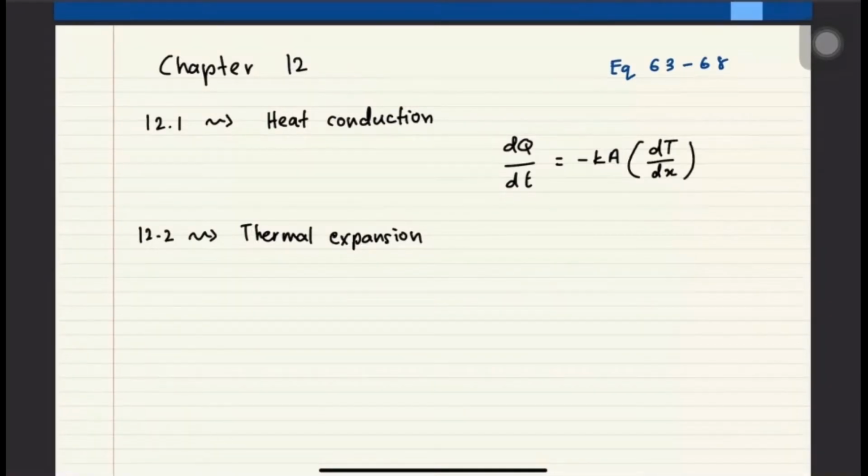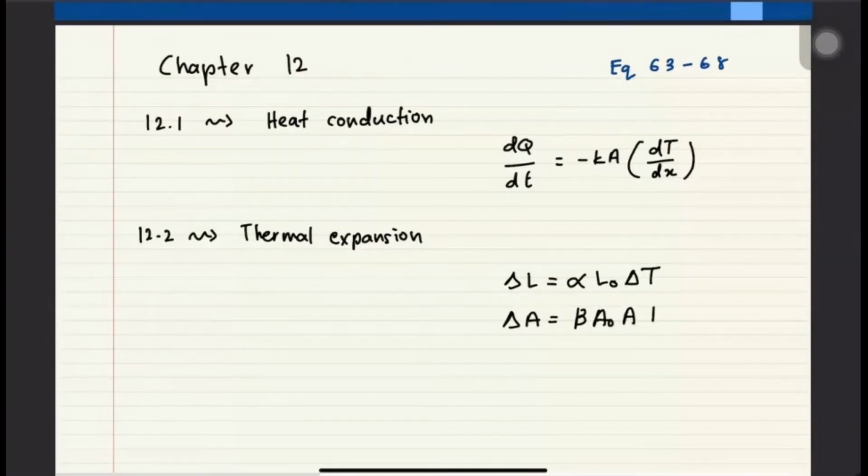And then you have three different formula, three main different formula lah. Delta L equals to, okay, and then you have delta A, and then you also have delta V. Okay, and then you also have beta and gamma punya formula.